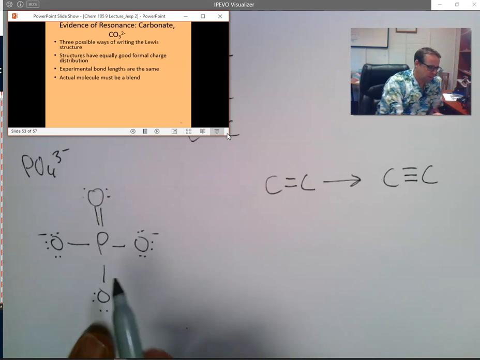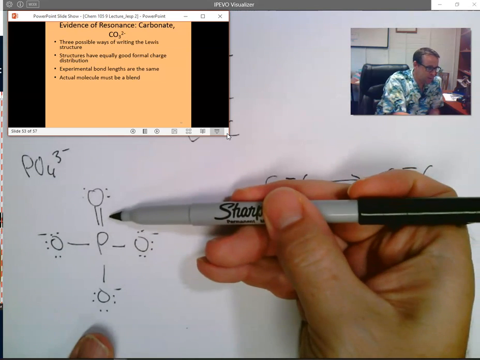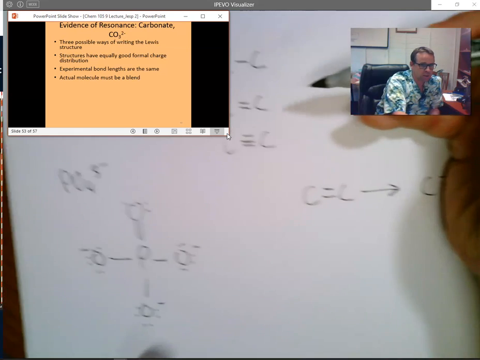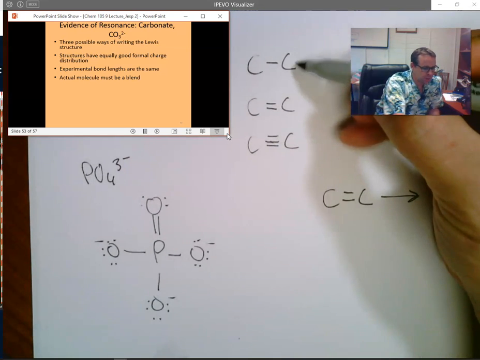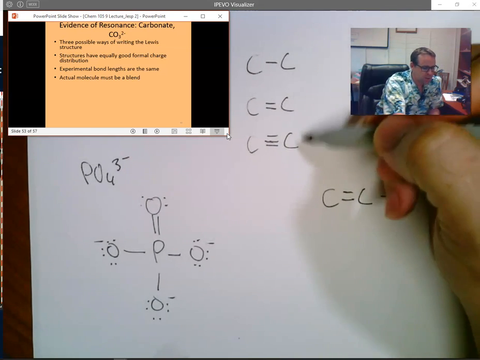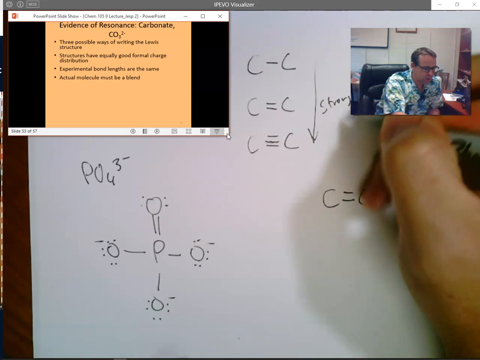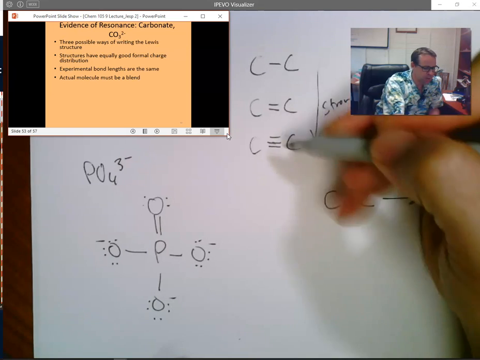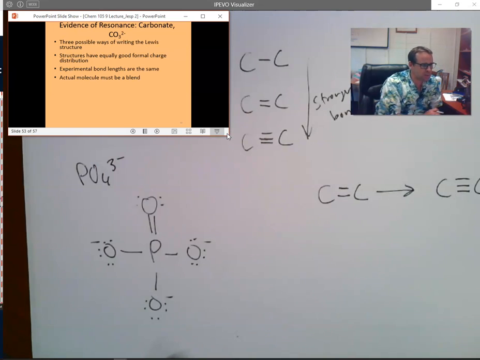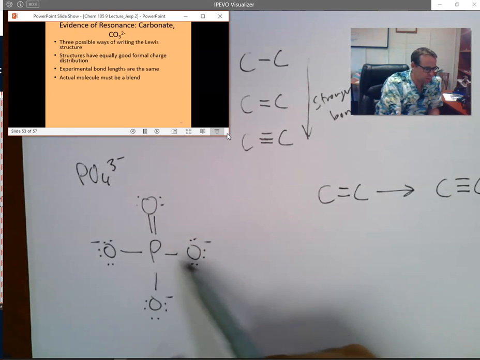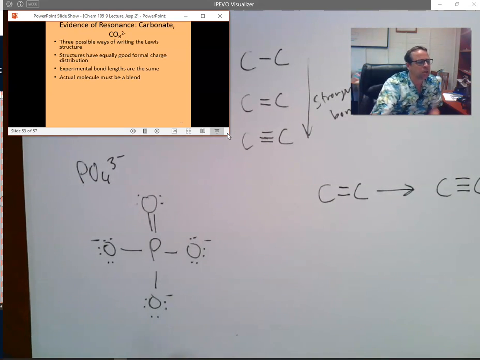The single bond, the stronger one, is actually the double bond, right? Double bonds are stronger than single bonds. Same with carbon bonds here. As you go down here, we're getting a stronger bond. It requires more energy to break a triple bond than it does a single bond. So this phosphorus-oxygen double bond is stronger than this phosphorus-oxygen single bond.